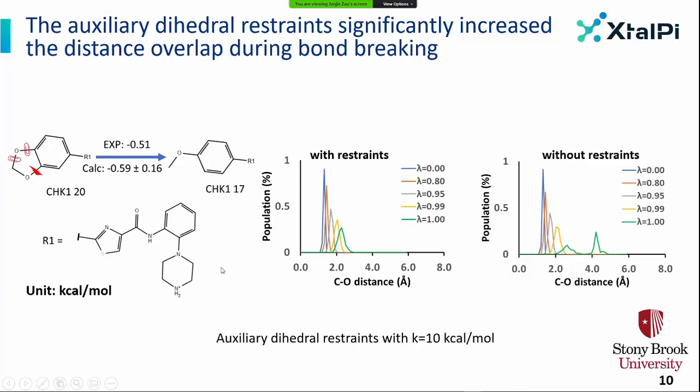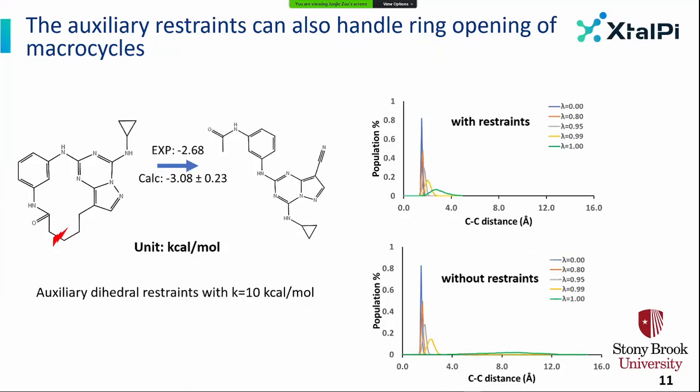The restraint we use is a dihedral restraint with K equals 10 kcal per mole. And we also applied the same dihedral restraints on macrocycles. Macrocycles are just very large rings, so we have to apply many dihedral restraints to hold the macrocycles in the right shape.